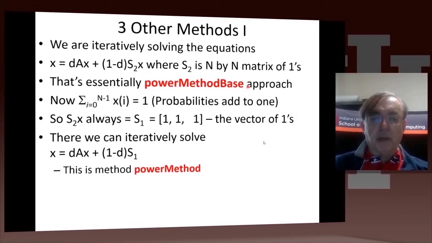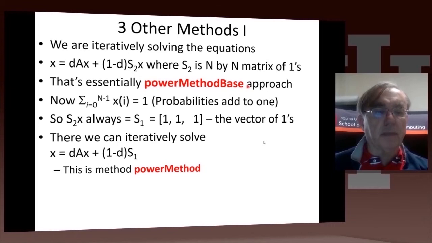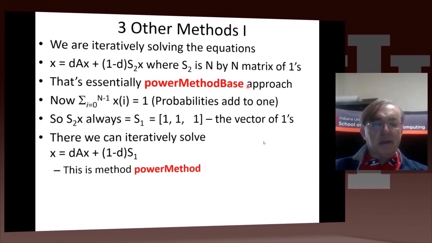That's the method we already went through. Very simple to implement. Now, actually, you can slightly change the method, because if you do some arithmetic, you will find that S2 times x is just actually summing up the components of x.